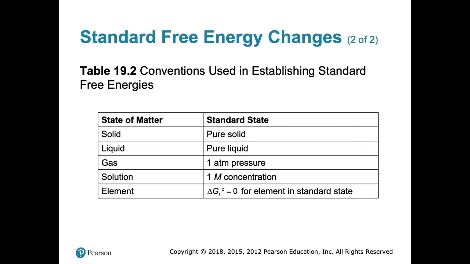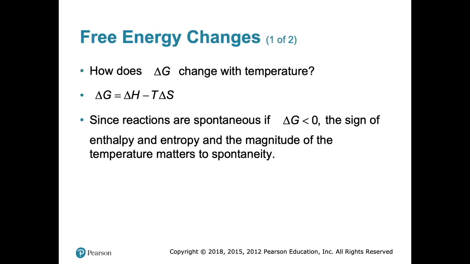Okay. So how does delta G change with temperature? Remember, if delta G is on the left side and temperature is over here, since reactions are spontaneous if delta G is less than 0, the sign of enthalpy and entropy and the magnitude of the temperature matter in spontaneity.